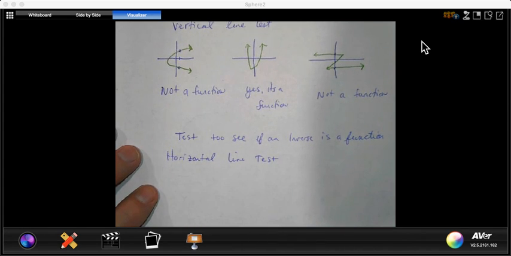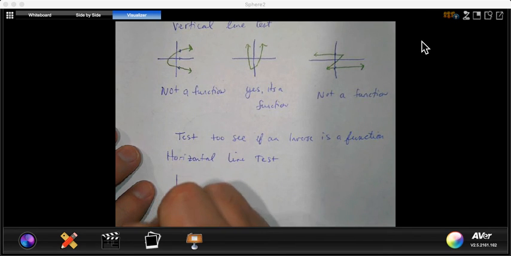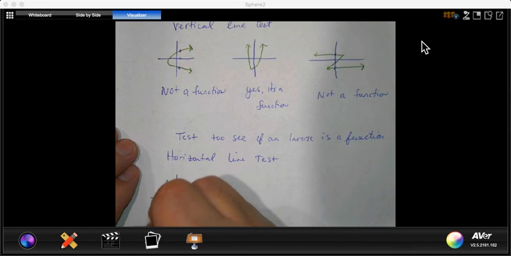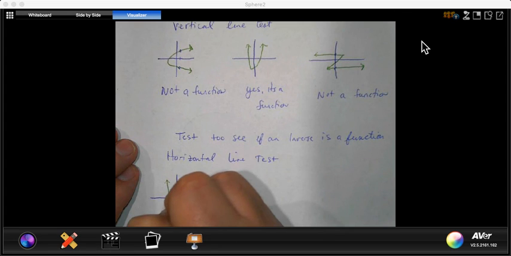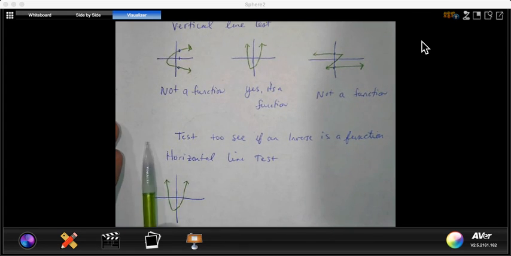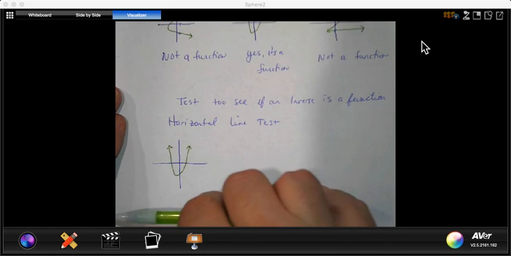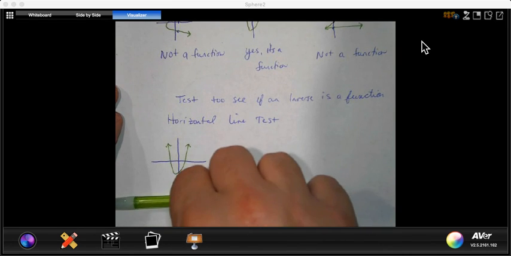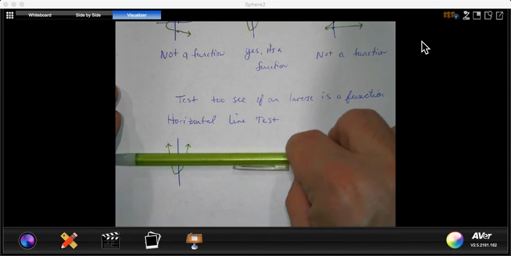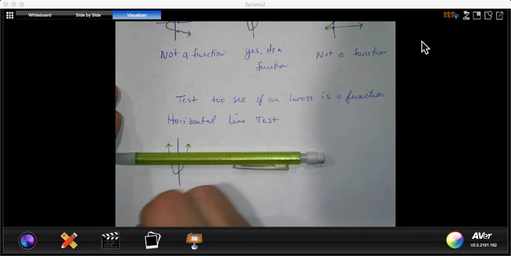So I'll graph 3 new parabolas or problems. So let's do a basic parabola. Would its inverse be a function or not? So rather than the vertical line test, we're just going to turn our test upside down and do the horizontal test. So does it touch more than once horizontally? It does. So we get to write inverse, not a function.